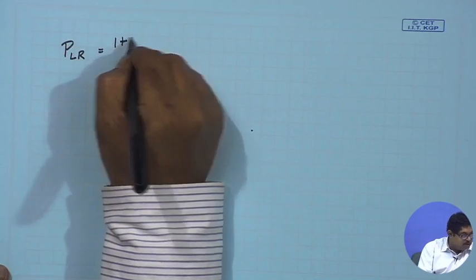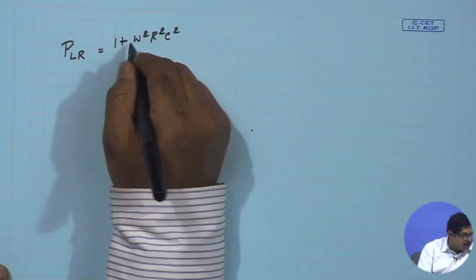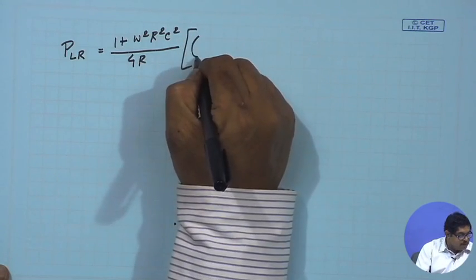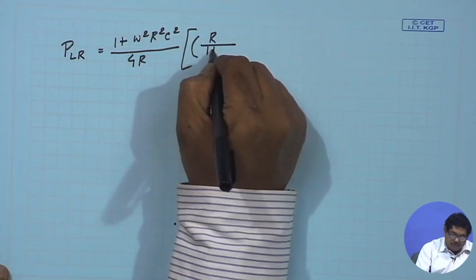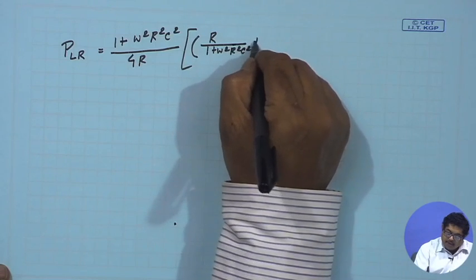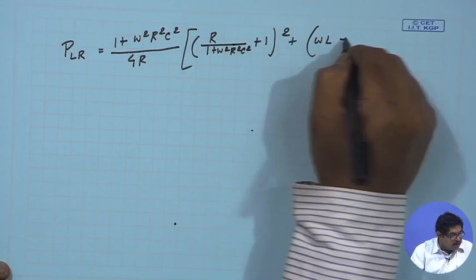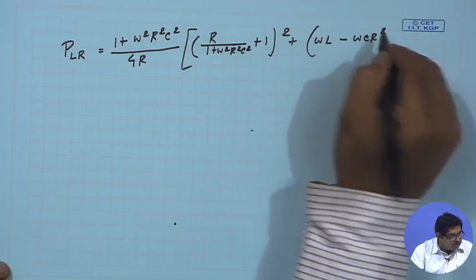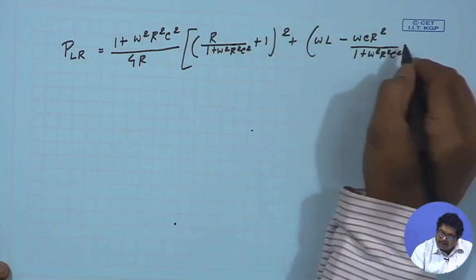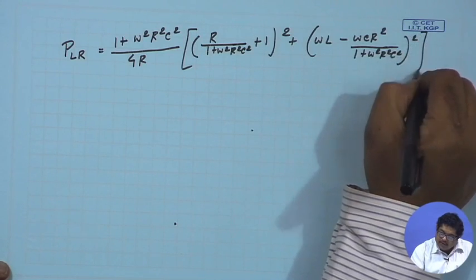PLR turns out to be 1 plus omega square r square c square by 4r by 1 plus omega square r square c square, plus 1 whole square, plus omega L minus omega c r square by 1 plus omega square r square c square, whole square to the power 4.